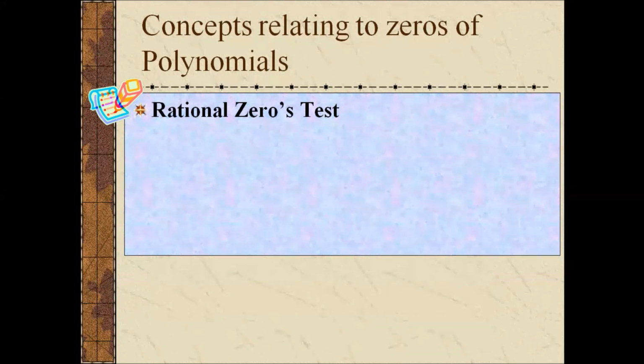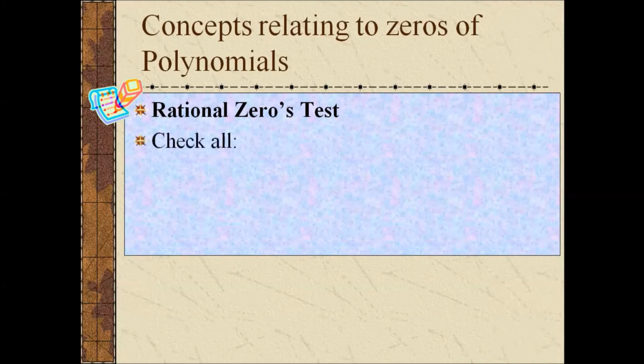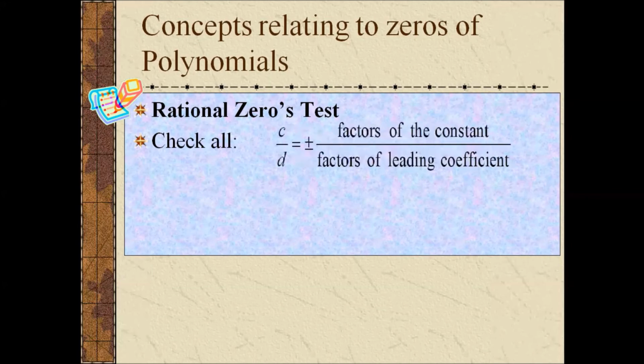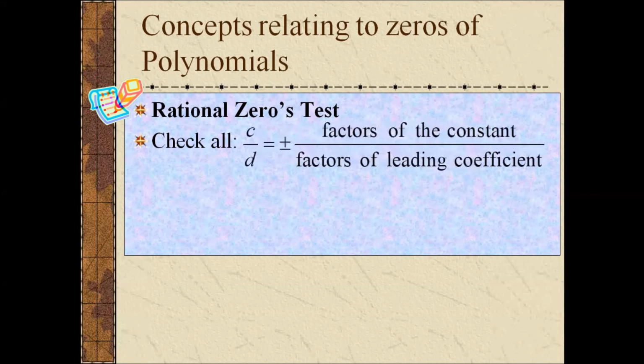Here's what the rational zeros test tells us. We should check all of the fractions in the form c over d, where c is a factor of the constant of the polynomial and d is a factor of the leading coefficient of the polynomial.